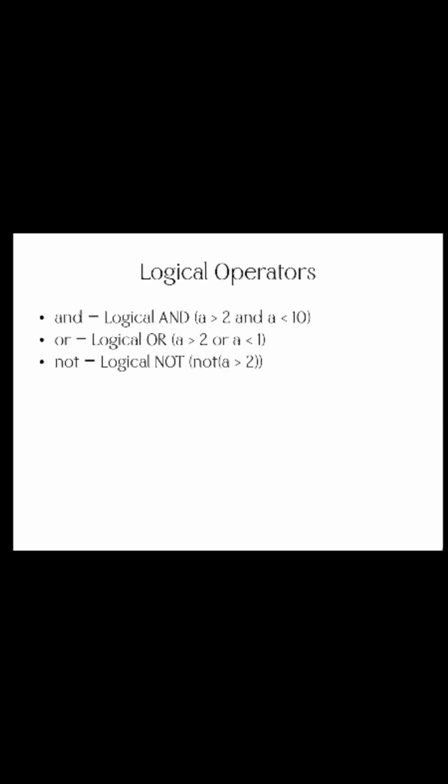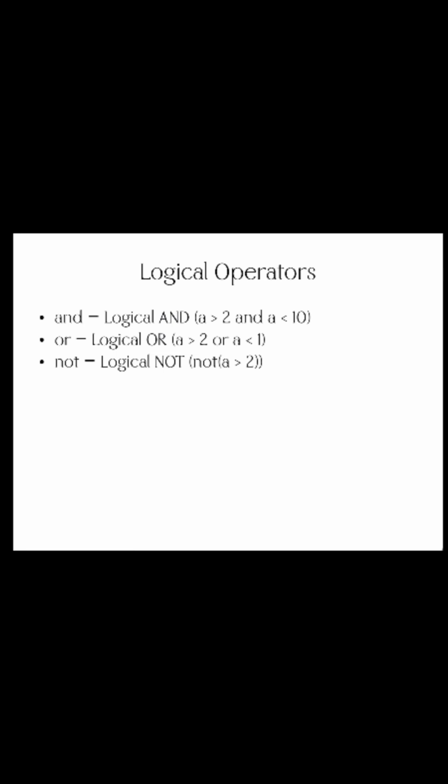And the next one is logical operators. The logical operators are logical AND, logical OR, and logical NOT. Here we can see some examples. For logical AND, we gave the code as A greater than 2 and A less than 10. If we give the value of A as 5, here we can see 5 is greater than 2 and 5 is less than 10. If both conditions are satisfied, then only it will give true.